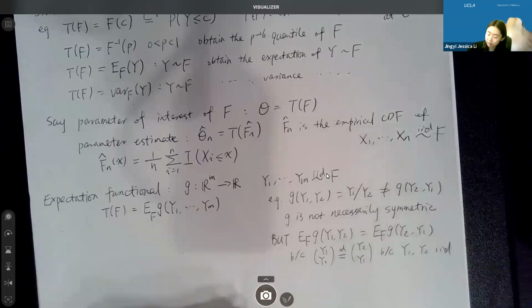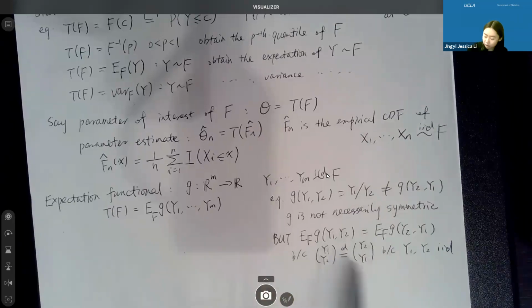No matter if you swap them, you still have independence, and marginally y1 and y2 have the same distribution. So therefore (y1, y2) and (y2, y1) have the same joint distribution, and their expectation after g transformation will be the same. Does that make sense to everybody?